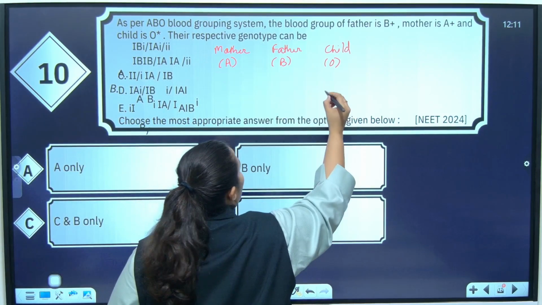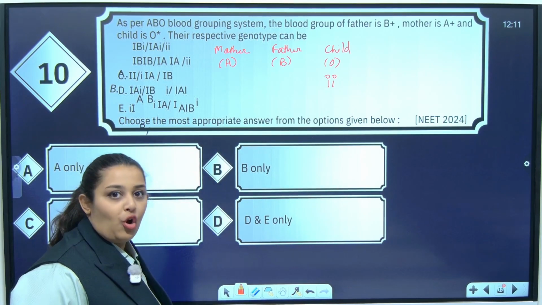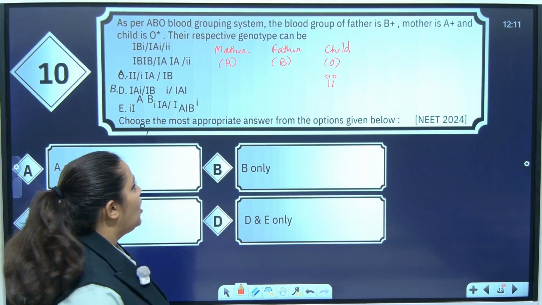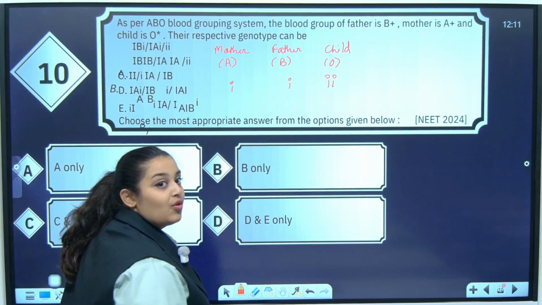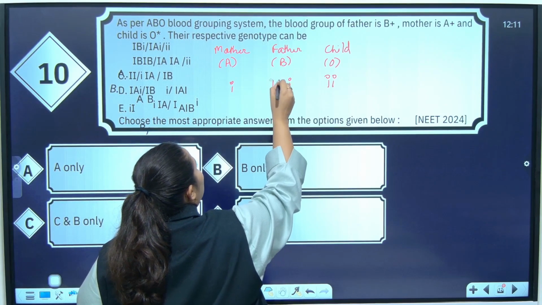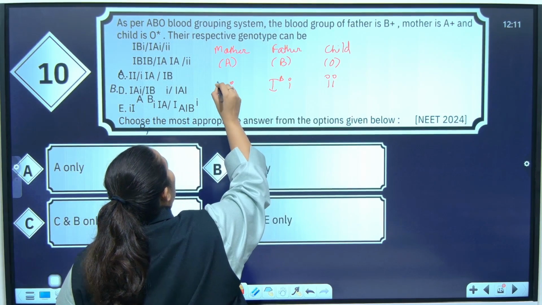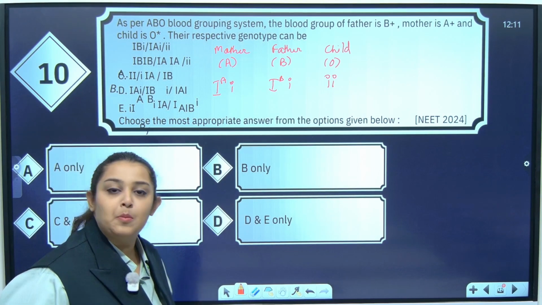Because the child has O blood group, the only genotype possible is two small i. And because it has two small i, mother and father will also require small i's, yes or no? So because father's blood group is B, it has to be IB small i, and because mother's is A, it has to be IA small i. Very simple.